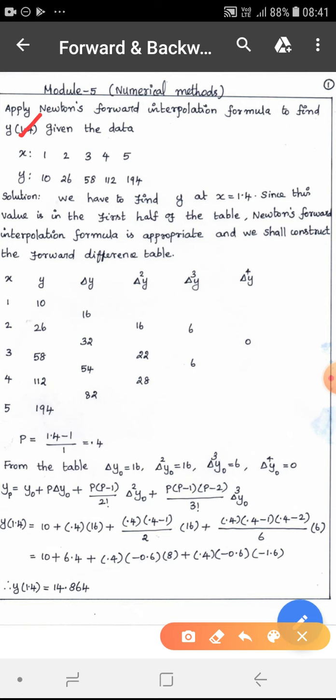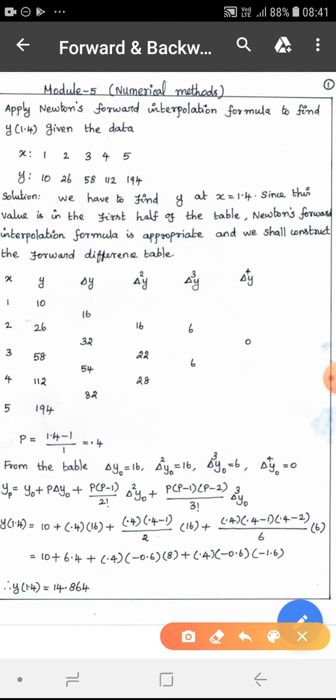X naught means the first x value or the topmost x value, which is 1. H means the spacing between adjacent x values, which is 1. So p will be x minus x naught by h, 1.4 minus 1 divided by 1, equal to 0.4.